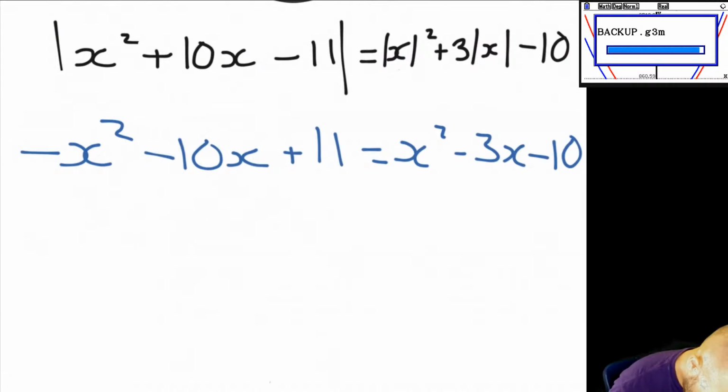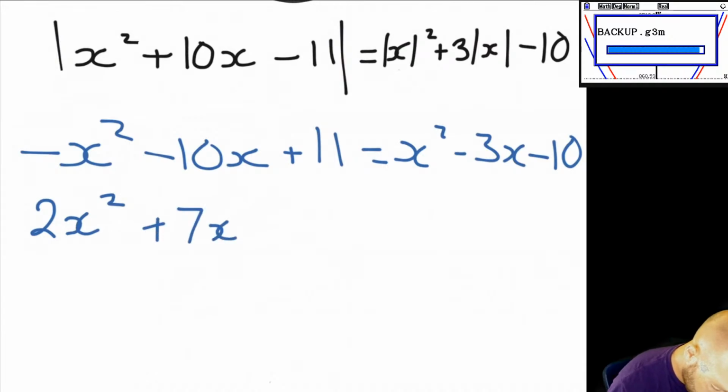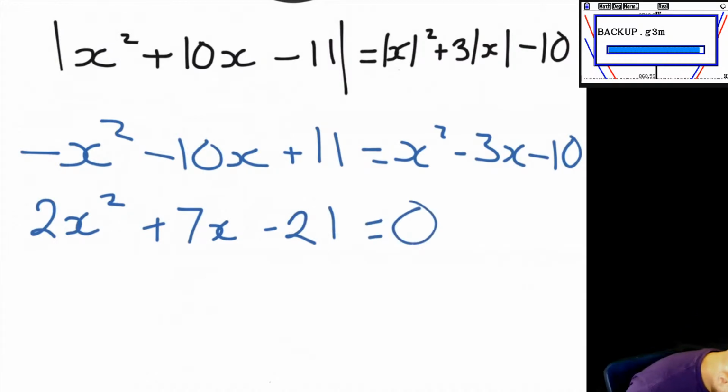So if I rearrange this, we're going to get 2x squared plus 7x minus 21 equals 0. Onto the calculator to solve that. And we get x equals, no, it has given us two solutions. Let me just check I've done that right.